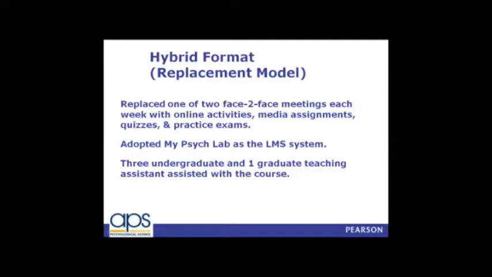We are currently using 3 undergraduate teaching assistants and 1 graduate teaching assistant to help us with the course. We started with 3 graduate students and decided that this was a good chance for undergraduates to get some experience. They proved so valuable that we are now down to 1 graduate teaching assistant and using mostly undergraduates to assist us.